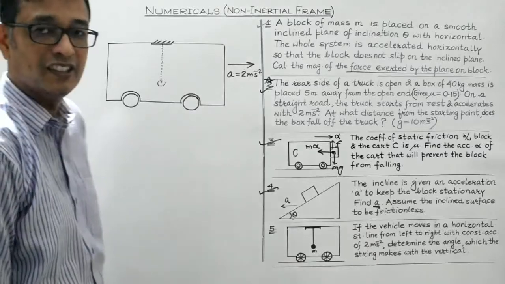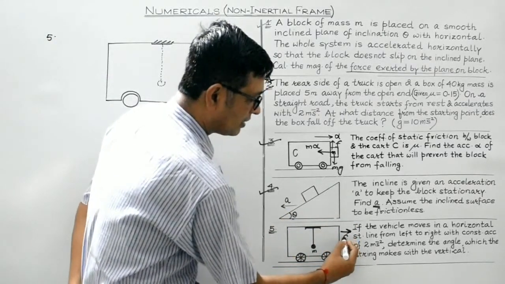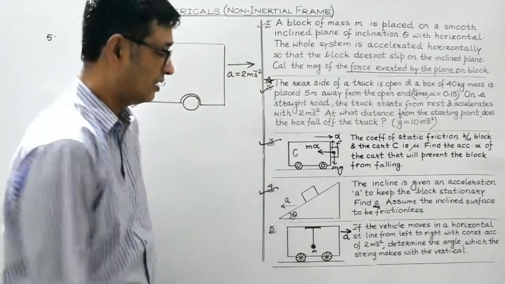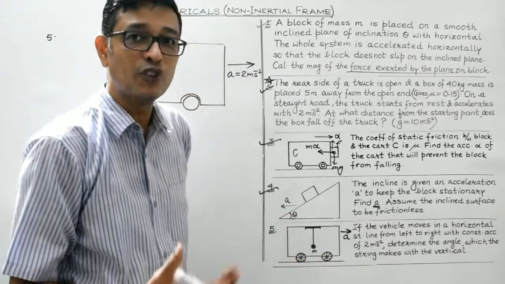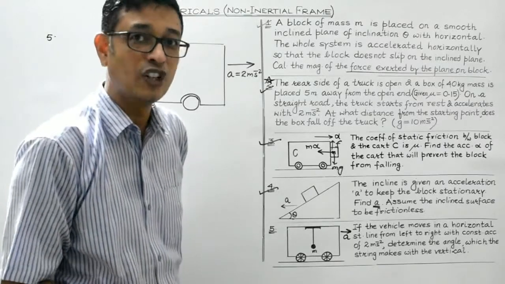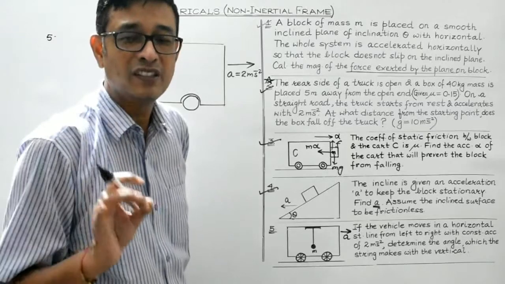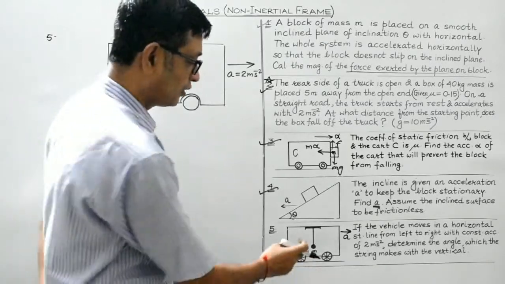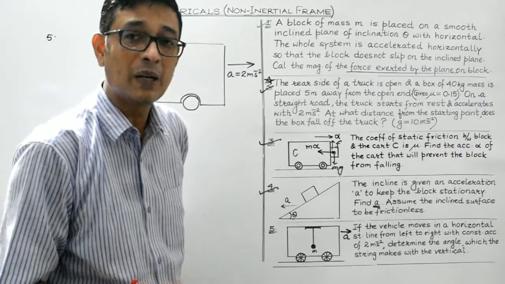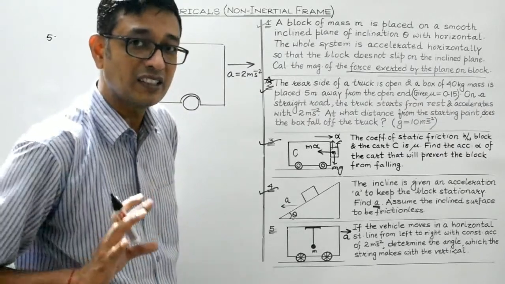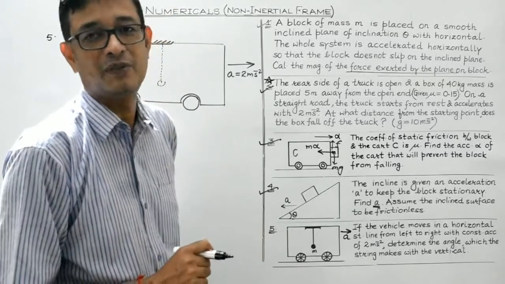But what happens is, again, if it is accelerated, then inside it, this body will experience a pseudo force. This being a non-inertial frame of reference, and as I have stated and maintained always, pseudo force means this will experience a pseudo force which is equal to the mass of the body multiplied by the acceleration with which the entire system is accelerated, in a direction opposite to which the system is moving.